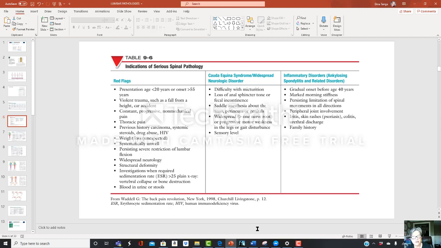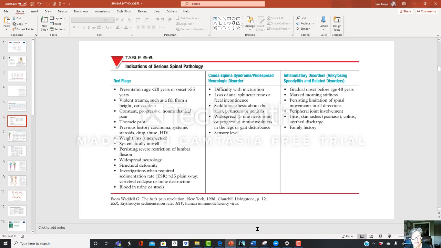Presentation younger than 20 and onset greater than 55. Violent trauma such as a fall from a height or a car accident. Constant progressive non-mechanical pain. Can't be changed with a positional change. Thoracic pain.